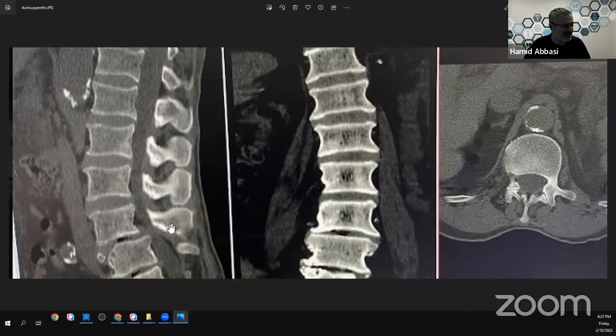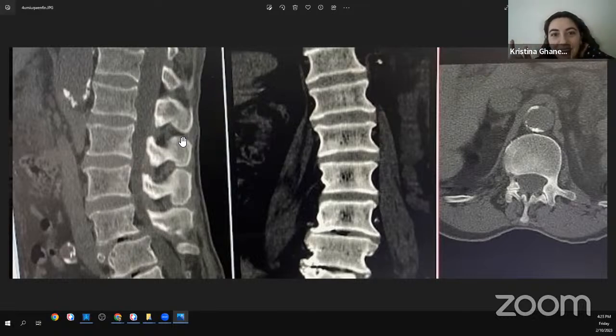Okay, so let's go here. What else do we see here? You see these structures here. Christina, what are those structures I'm having the cursor on right now? Are those the lamina of the vertebrae?